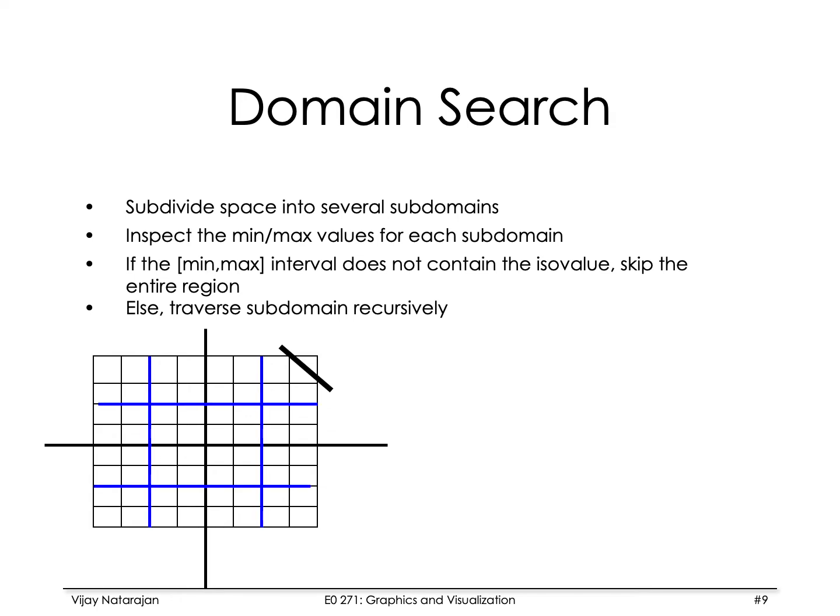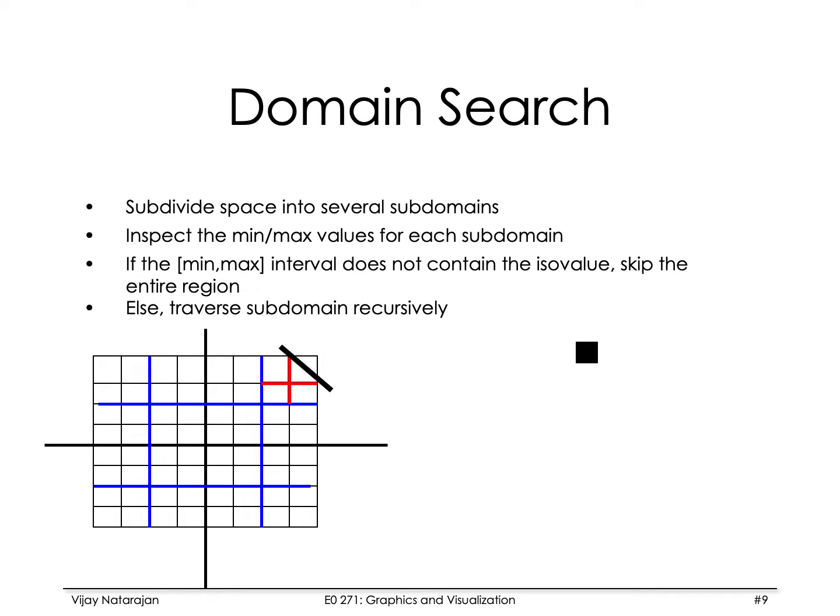So here is the recursive subdivision followed by yet another recursion. So the tree would look like this. I would start with the root, which corresponds to the entire domain. So note that there is a min max stored at the root.